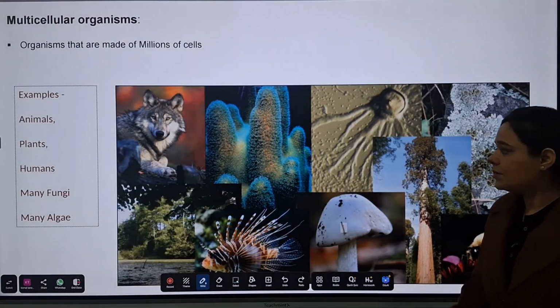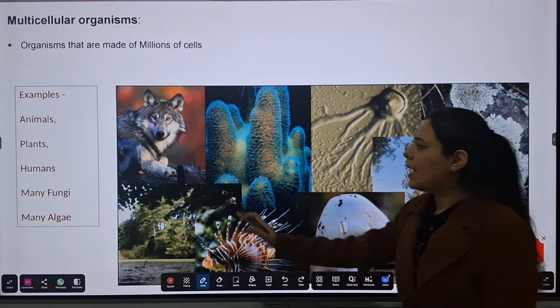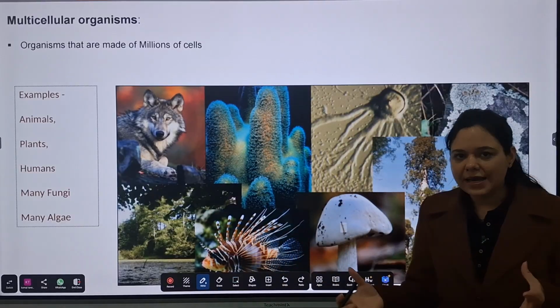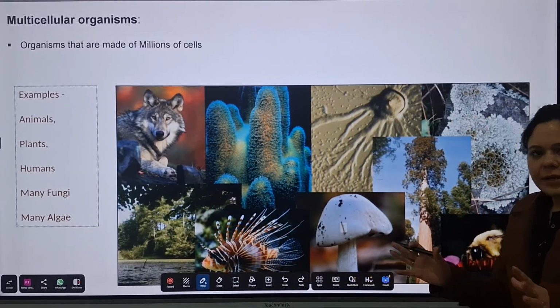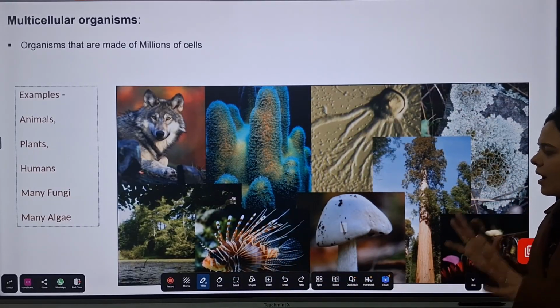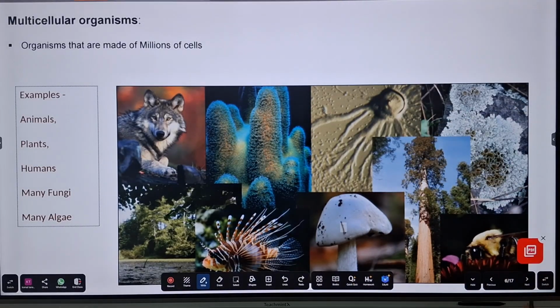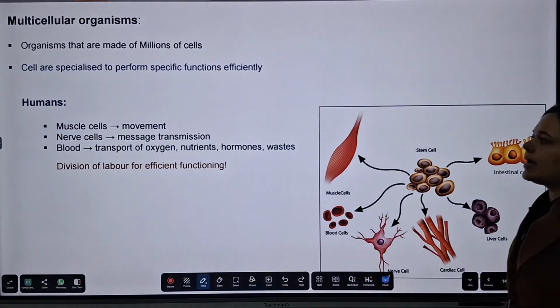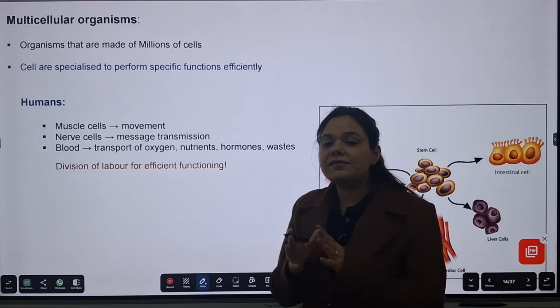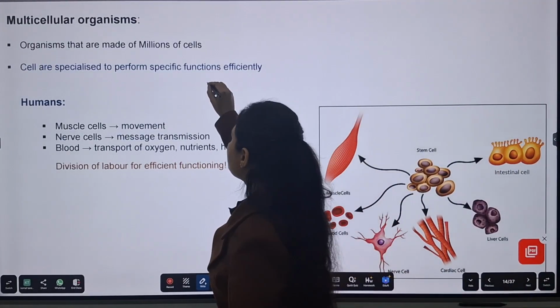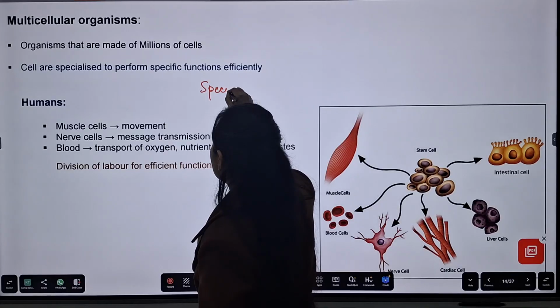Us human beings, all plants, animals, birds, insects, amphibians, reptiles, all fungi, all algae are multicellular organisms. Multicellular organisms are made up of millions of cells, but they have specialized systems.